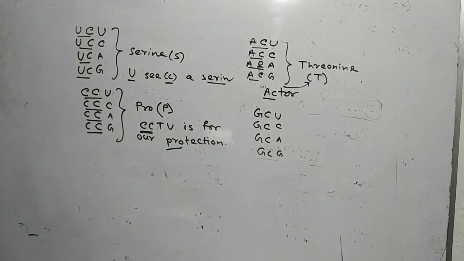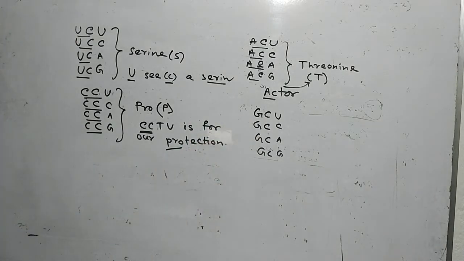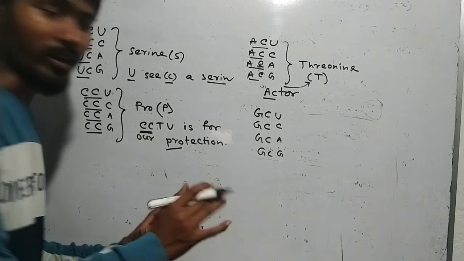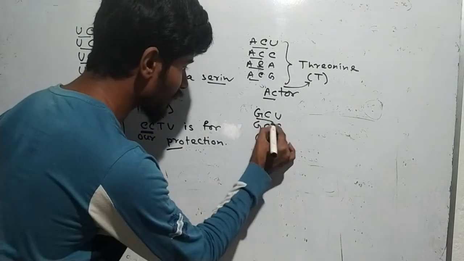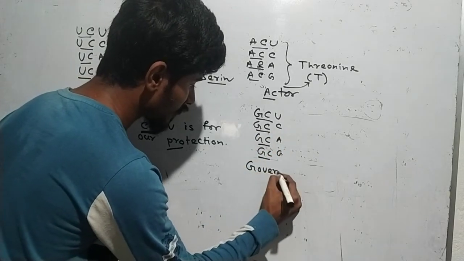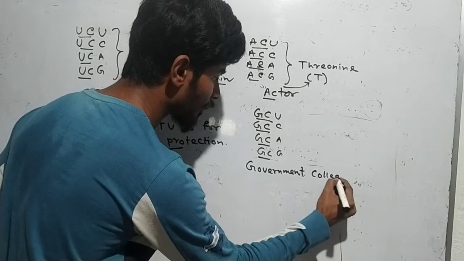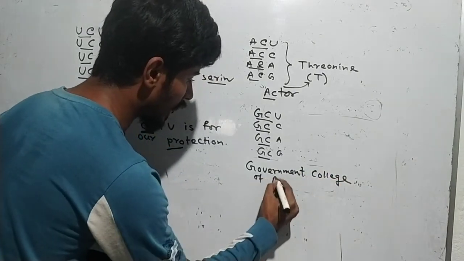Now here, how can you remember what amino acids are there? So let us see. You just remember this simple trick that whenever there is a GC, you just remember this government college, of arts.